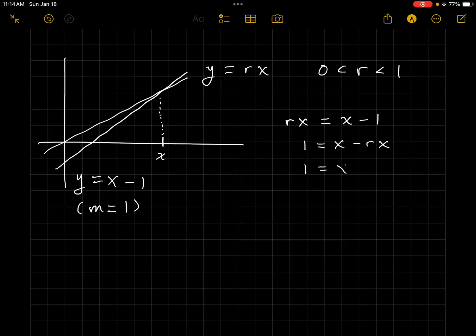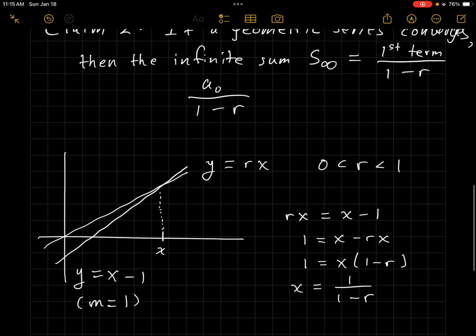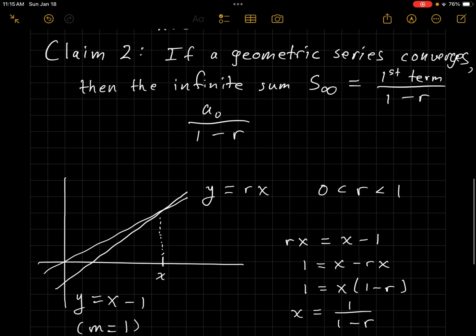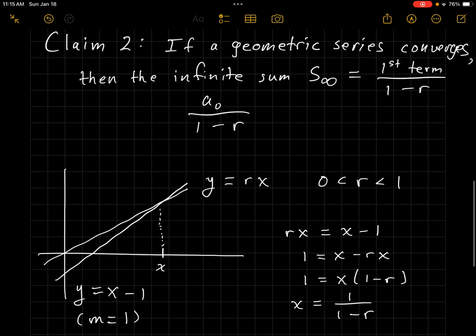We can factor out the x to get 1 equals x times 1 minus r, and then I'll switch sides because I like the x on the left. And I get x equals 1 over 1 minus r. Now, before I go on to the second part, that sort of looks like my claim 2, doesn't it?